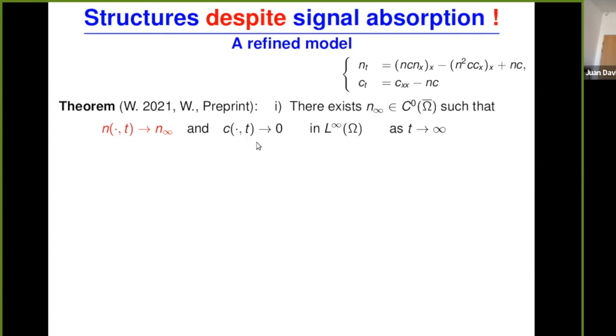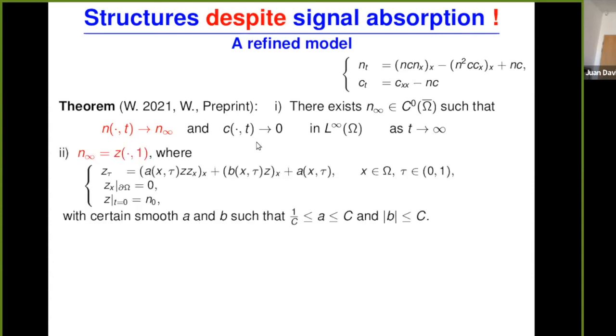Of course, C goes to zero, as I said. But what about this limit? And this is now the interesting part. This large time limit of n is the evaluation of a solution of a parabolic porous medium type problem. So it's degenerate, but mildly degenerate, just in a single way.